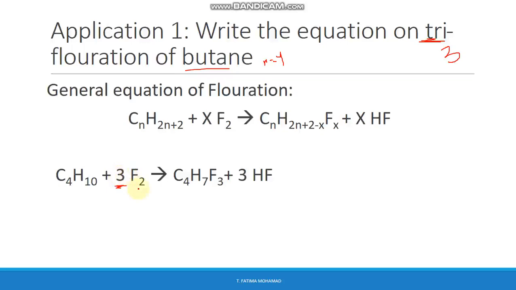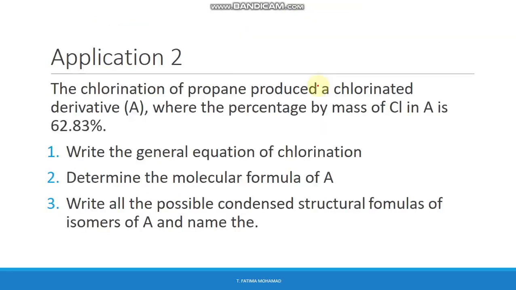So 3F2 gives C4H7F3 plus 3HF. This is the equation of trifluoration of butane.